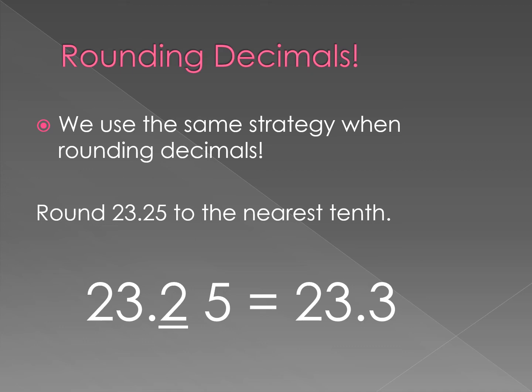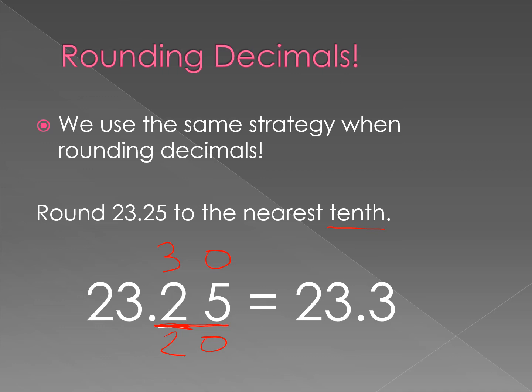So let's look at this decimal. I have 23 and 25 hundredths to the nearest tenth. Again, the first step is underline the digit in the tenth place. So this 2 is in the tenth place. If I think about the bookends, 25 is in between 20 and 30. Which one is it closer to? 25 is closer to 30.